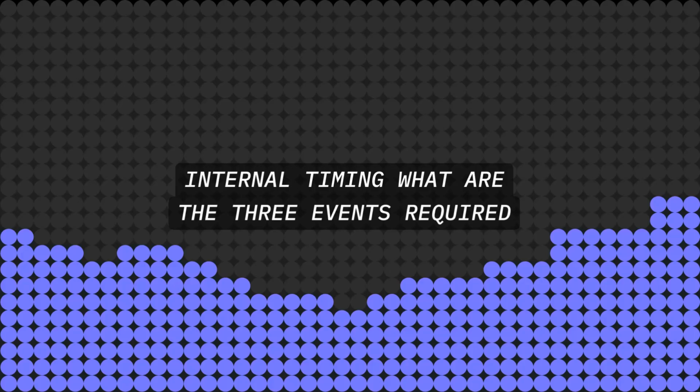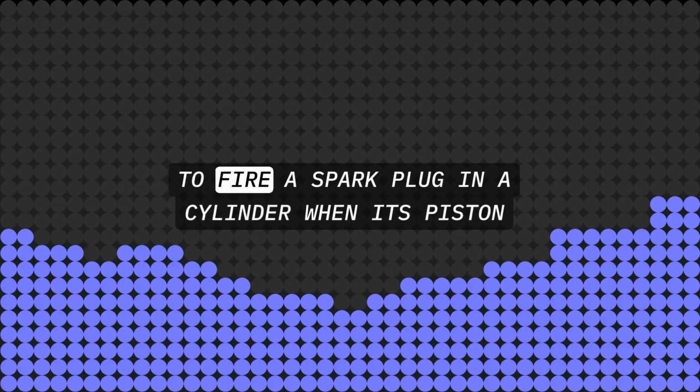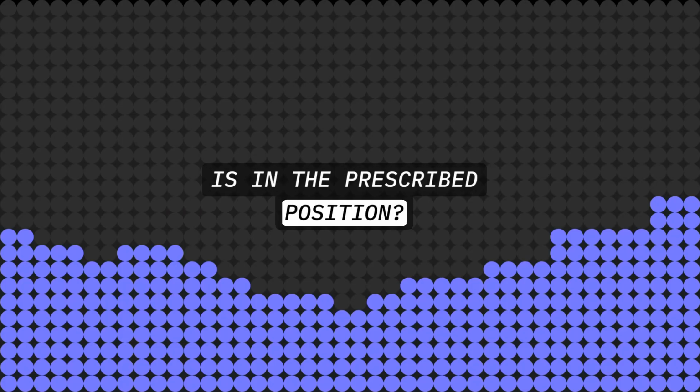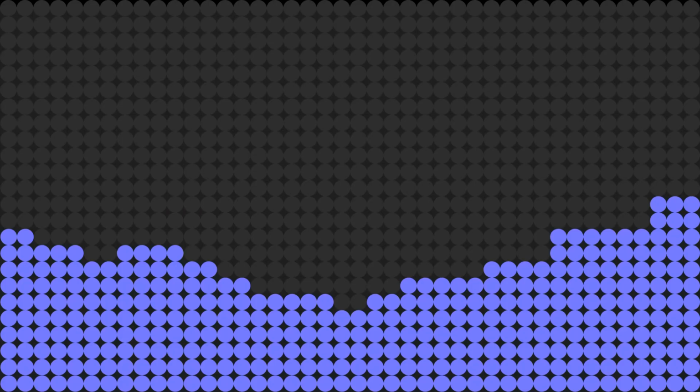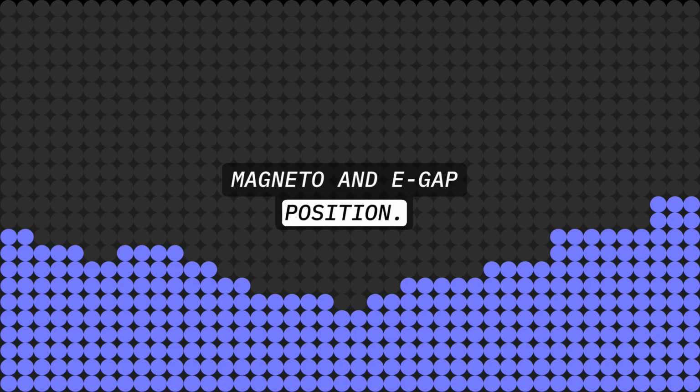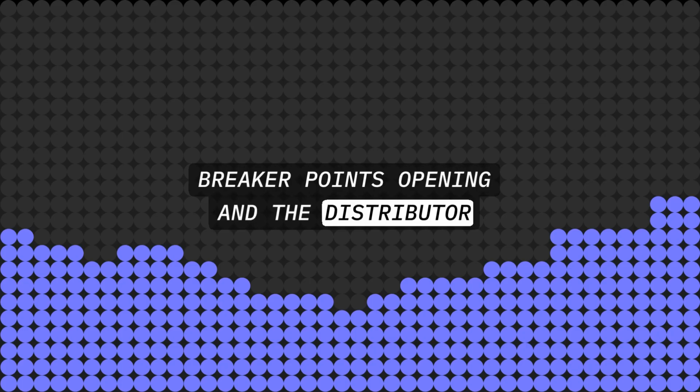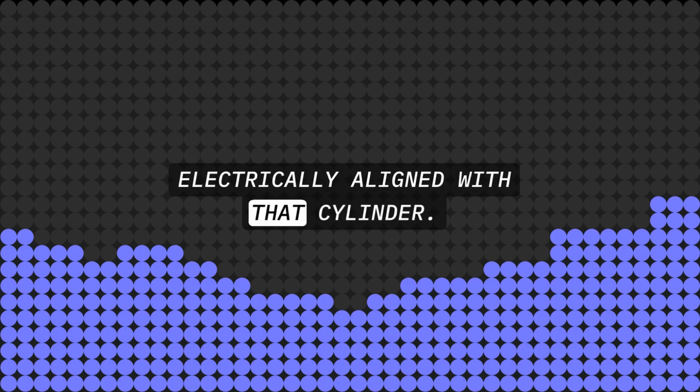Internal timing. What are the three events required to fire a spark plug in a cylinder when its piston is in the prescribed position? Magneto and E-gap position, breaker points opening and the distributor electrically aligned with that cylinder.